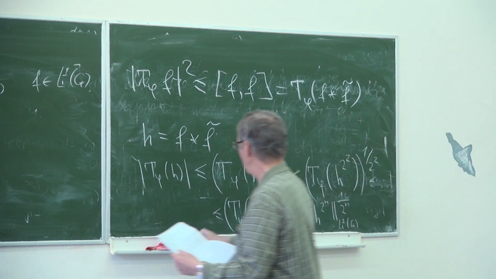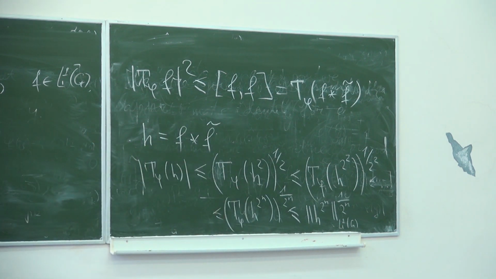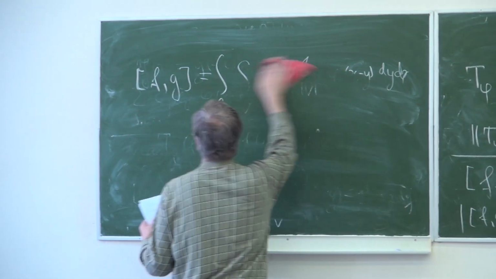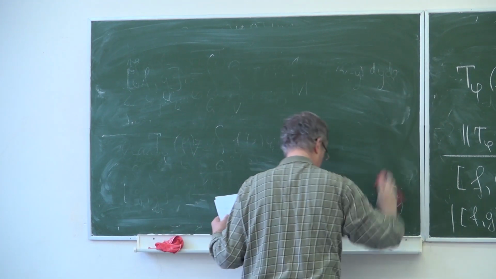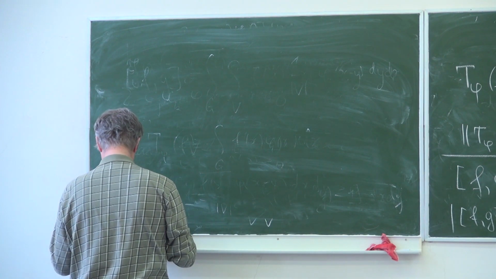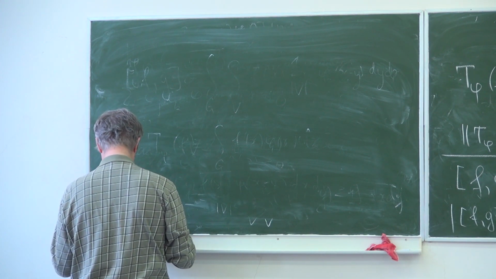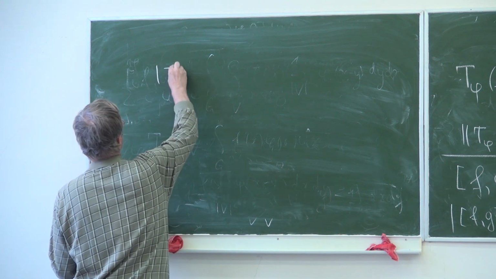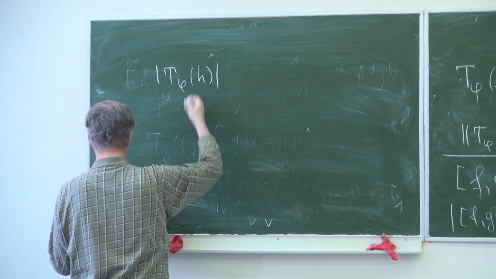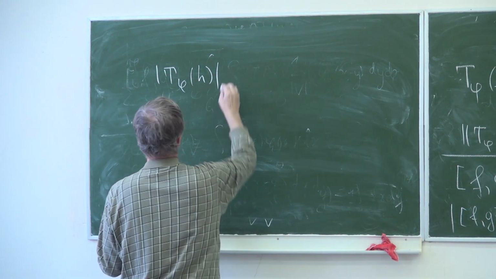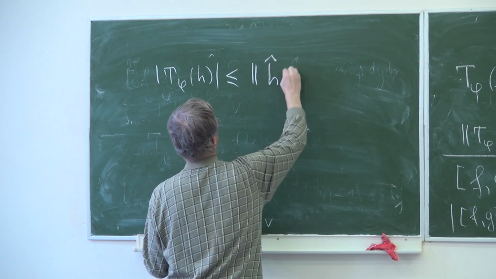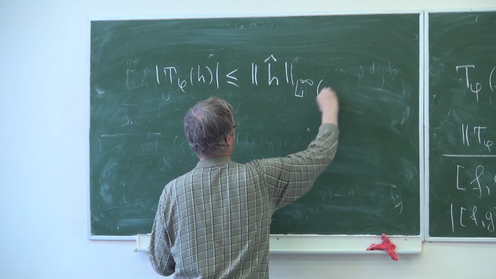So the resulting inequality is that T phi of h. I put the modulus here, but I could avoid this because this is positive. T phi of h is less than or equal to the norm of the Fourier transform of h in L infinity of gamma.